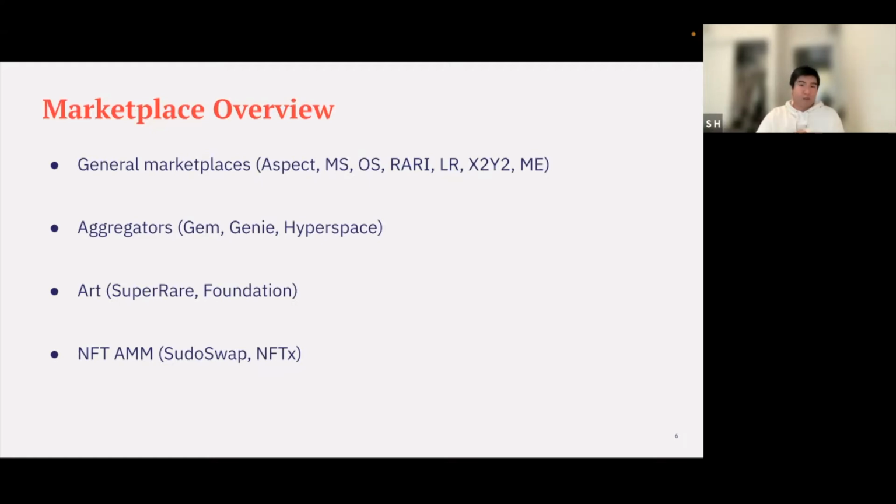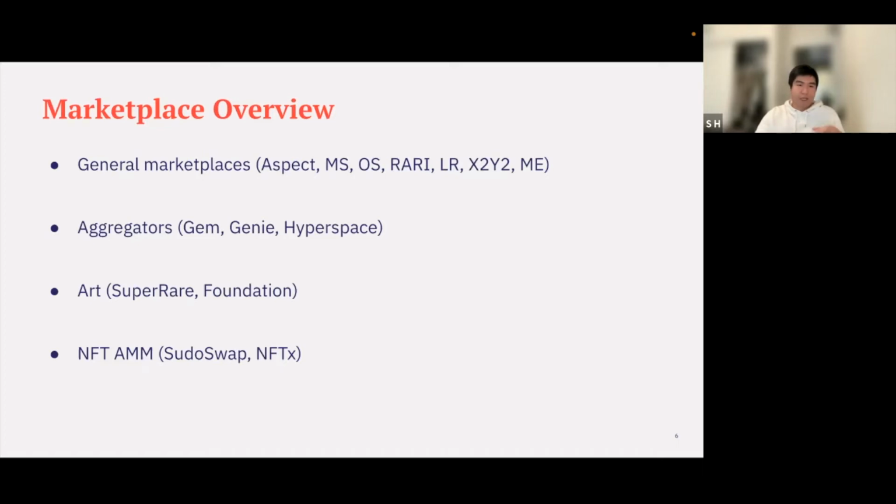Another general marketplace on StarkNet is MintSquare. On Ethereum, we have OpenSea, Rarible, LooksRare, X2Y2. On Solana, we have Magic Eden. They basically trade any NFT that follows the ERC 721 or 1155 NFT standard, and they allow any NFT to be traded under the sun.